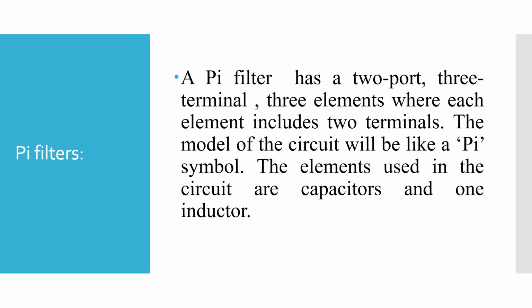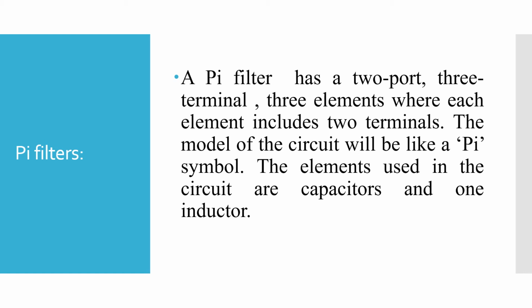The elements used in the circuit are capacitors and 1 inductor. The pi filter circuit is designed with 2 filter capacitors. Since we are using 2 capacitors, we'll name them C1 and C2. And a choke coil, that is an inductor, is indicated by L.